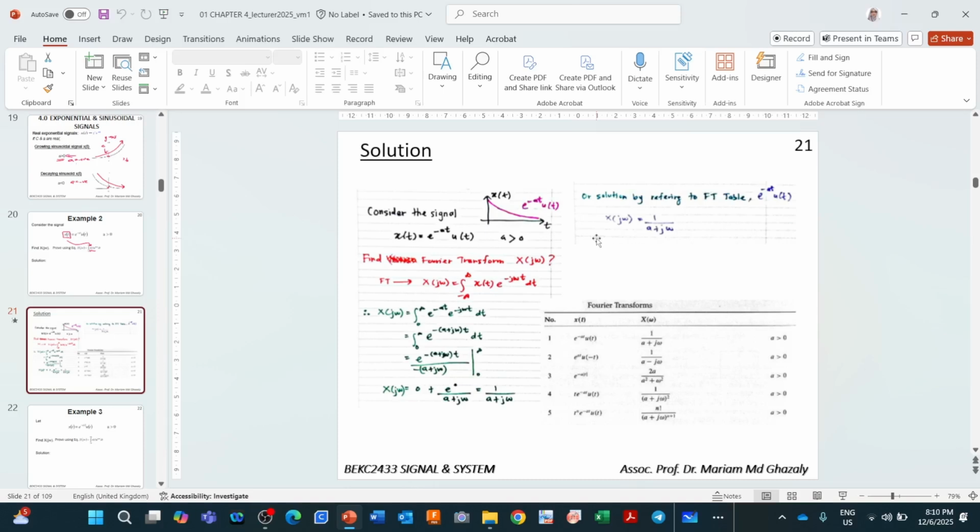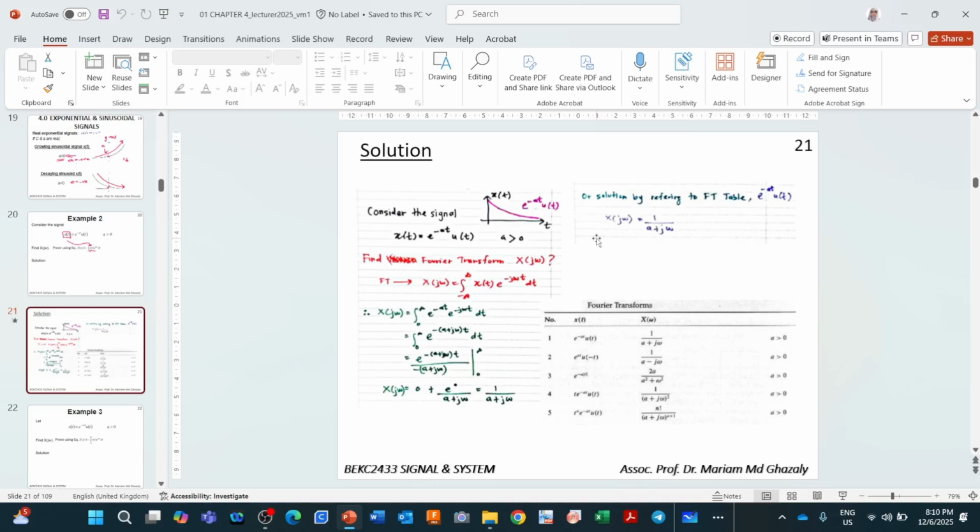If you look at the Fourier transform table, where is e^(-at) u(t)? Is this one, and if you see here, e^(-at) is an exponential multiplied by u(t), and that's the reason why this signal starts from 0 until infinity. Because we know if you have u(t), a step, multiplied by any signal, you have the exponential up until infinity.